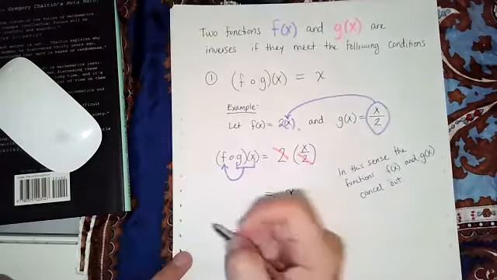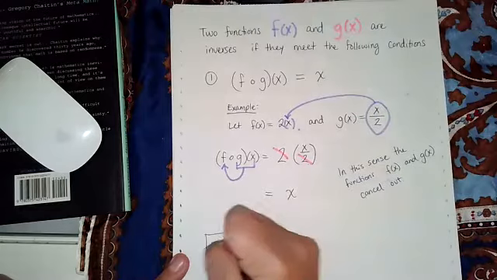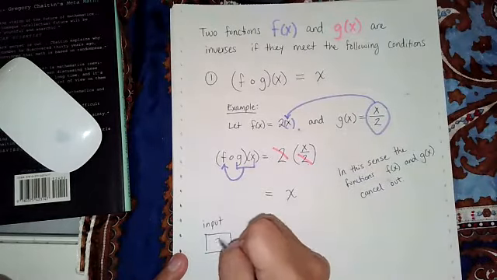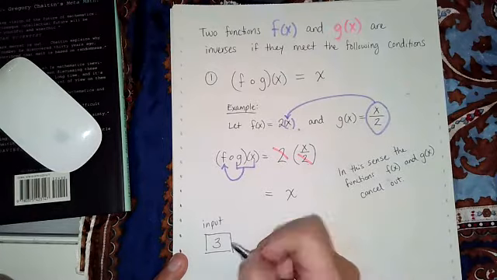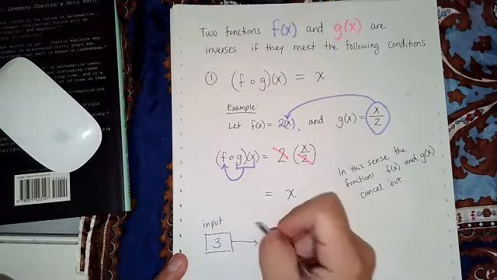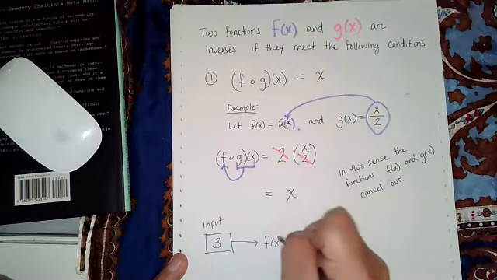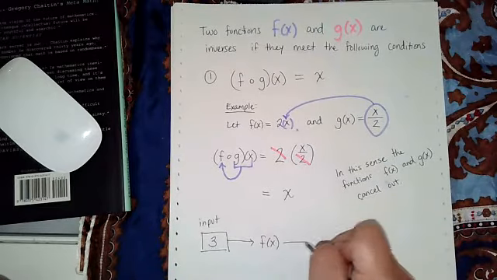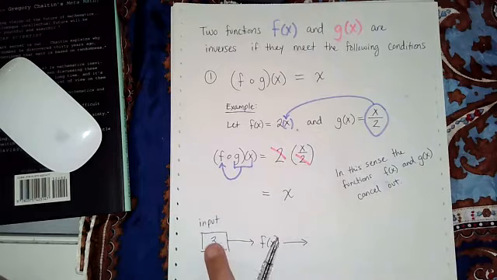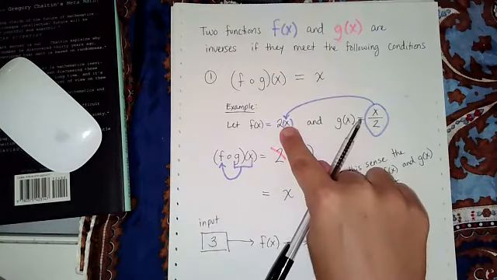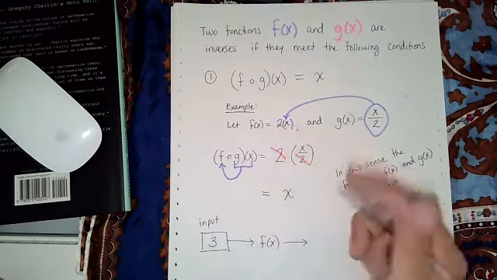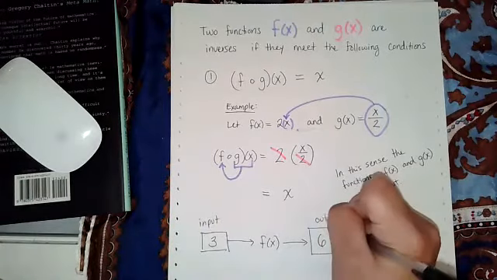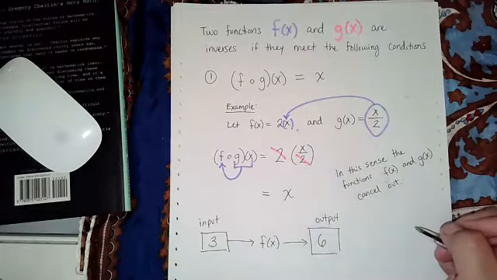So for instance, let's say I had this input. And let's use an actual number, let me use 3. And I'm going to throw it into the machine that we're going to call f of x. Well, knowing that f of x is this doubling function, 3 times 2 is 6. So that's the output of f of x.